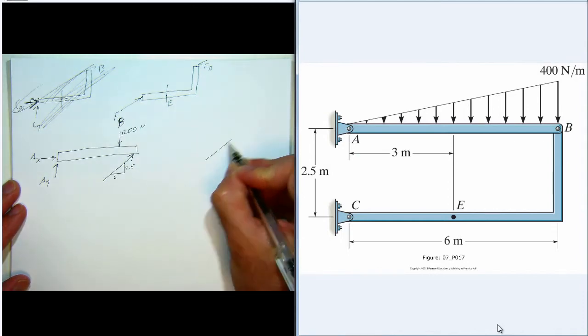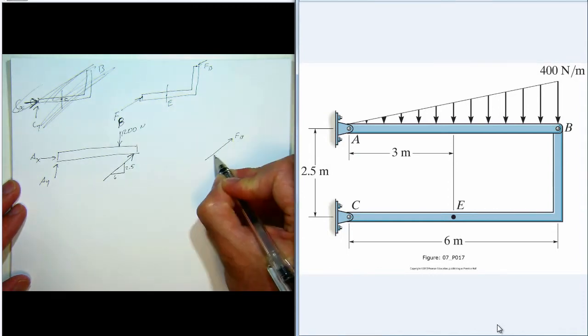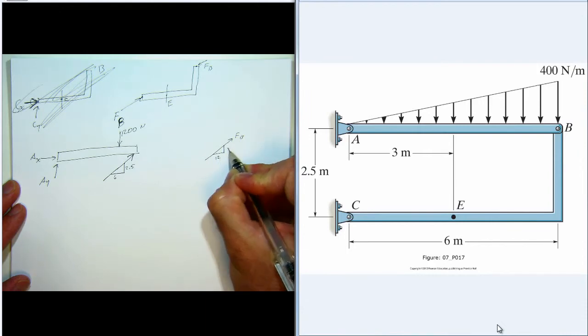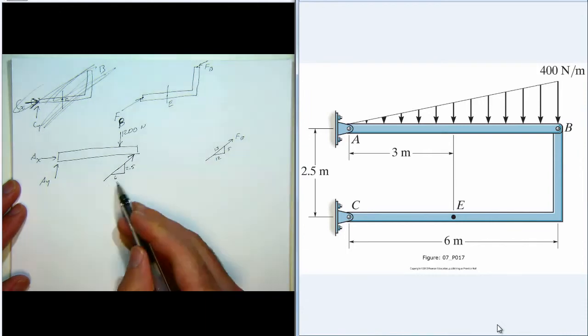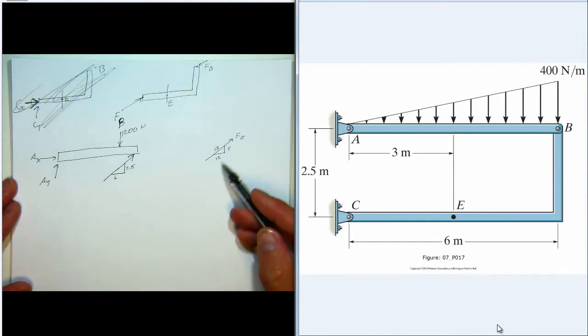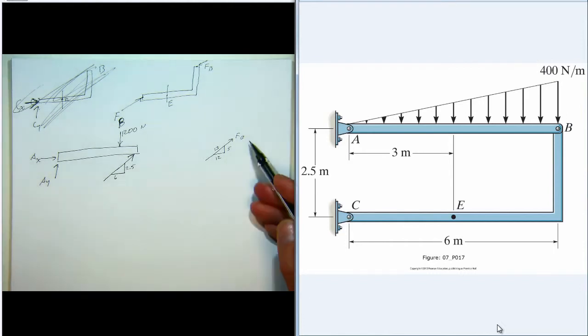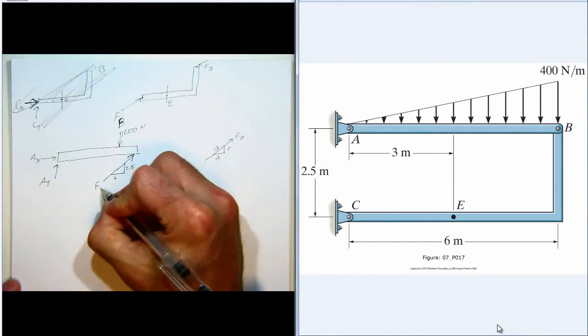Well, that's really equivalent to a 12, 5, 13 triangle. Just multiply these by 2 and it's a similar triangle. So that gives us the components of FB. So there's our free body diagram that allows us to get FB.